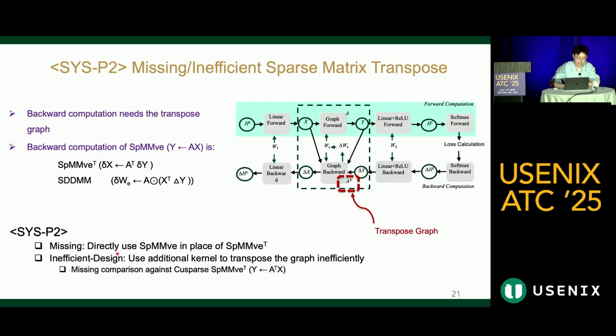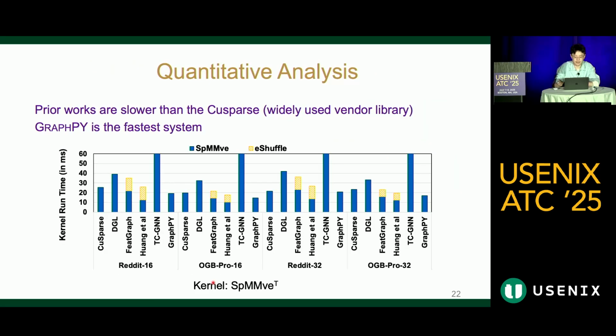They just use the SPMMVE kernel in place of the SPMMVE transpose kernel. Some other works use additional kernels to transpose the graph inefficiently and do not even compare with NVIDIA's cuSPARSE SPMMVE transpose kernels.